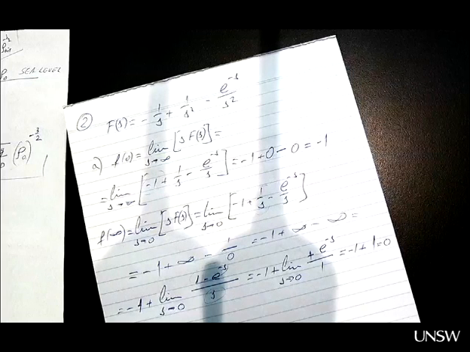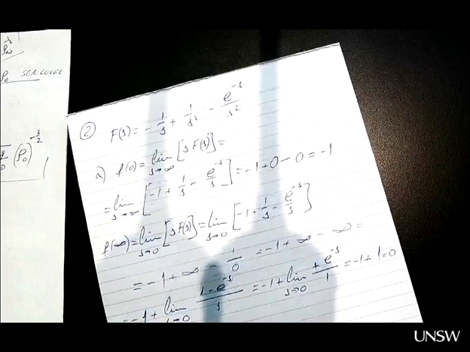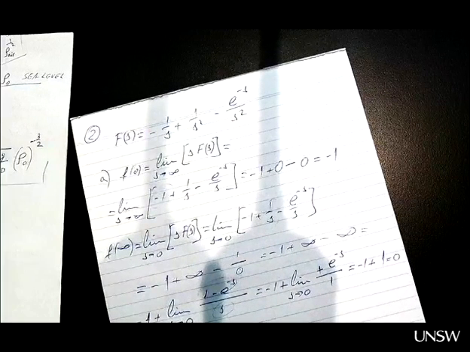B, happy with this. Part B, find the analytical form of f of t. Now you have no choice. You have to apply inverse Laplace transform. So f of t, which is the inverse Laplace of f of s, will be equal to the inverse Laplace of minus 1 over s, which is minus u of t.